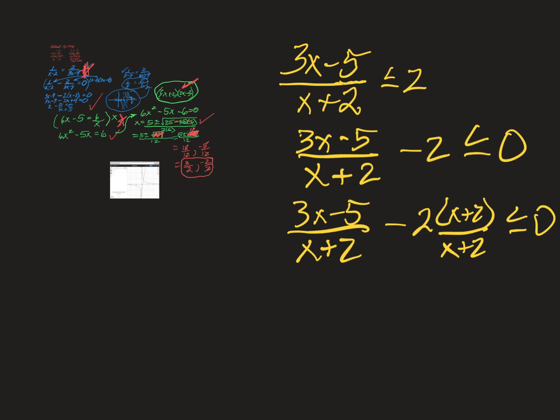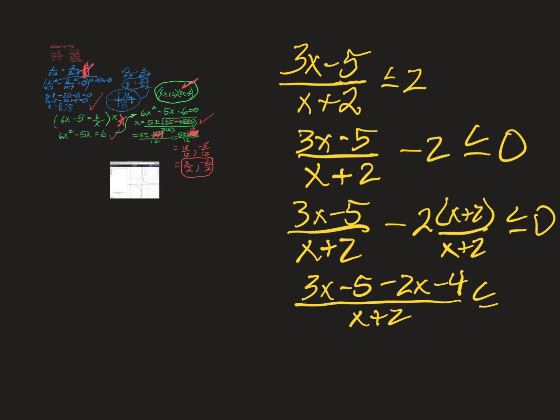And so this will give us 3x minus 5 minus 2x minus 4, all of that over x plus 2, less than or equal to 0. All I did was distribute. And then 3x minus 2x is x. Negative 5 minus 4 is minus 9 over x plus 2 less than or equal to 0.